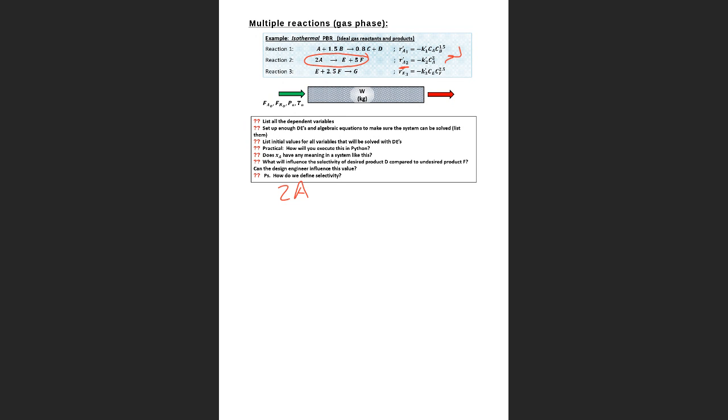So if I rewrite A goes to E plus 5F, and I divide everything there by 2, I've got A that goes to half E plus 5 over 2 F, just to see how the rate of formation of E relates to the rate at which A disappears. So it's just making the stoichiometry easier.